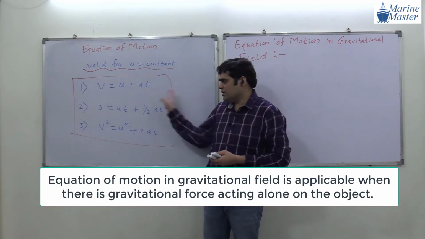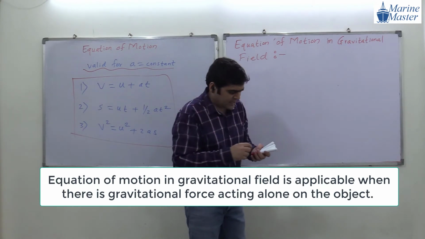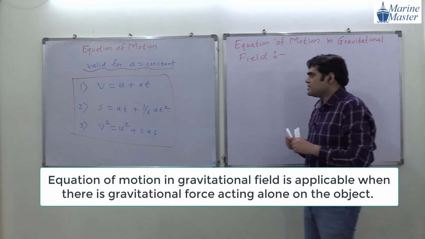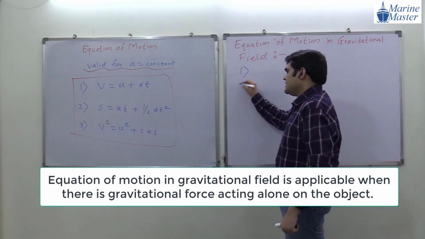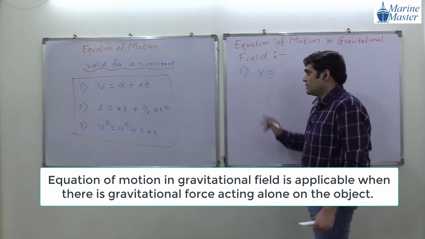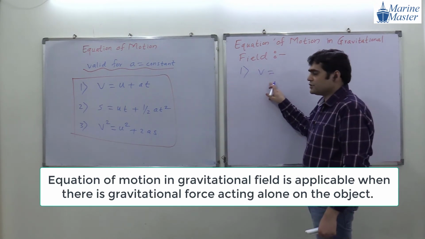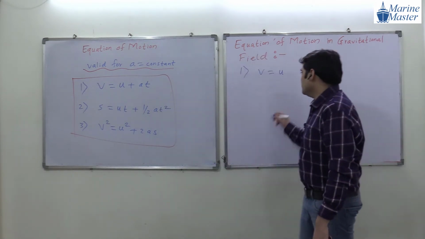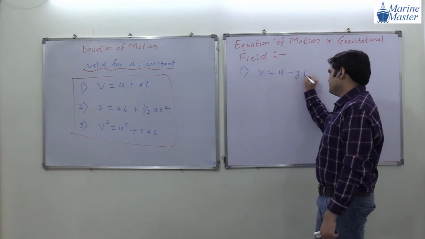Similar to this one, only a few changes are there. Here we have to study sign convention also. First equation, same: final velocity, then initial velocity. Now instead of a, here we will use minus gt.